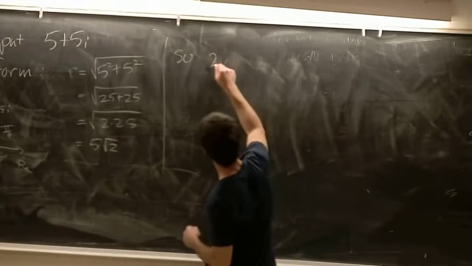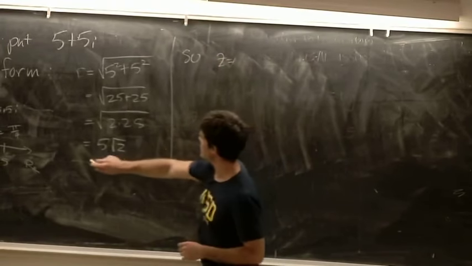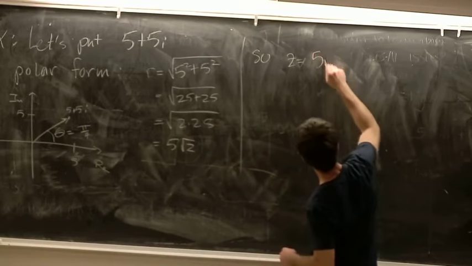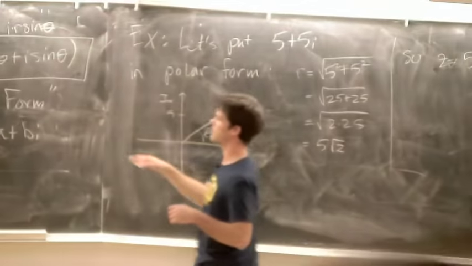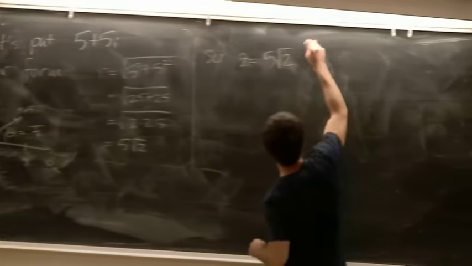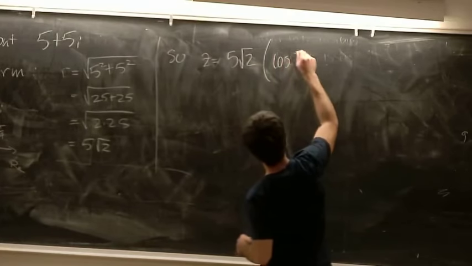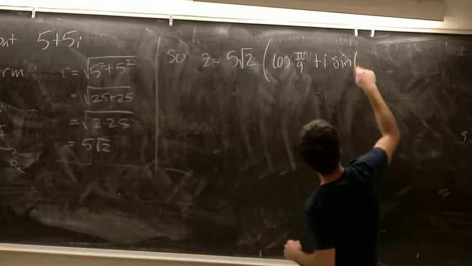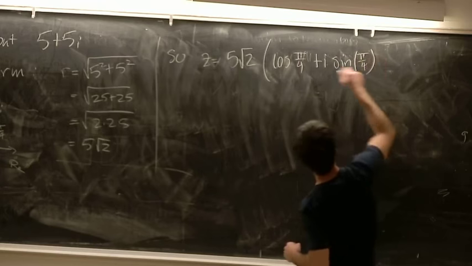So the polar form of z, this was our radius, so 5 root 2, I'm plugging into the polar form equation, times cos pi over 4 plus i times sine pi over 4.